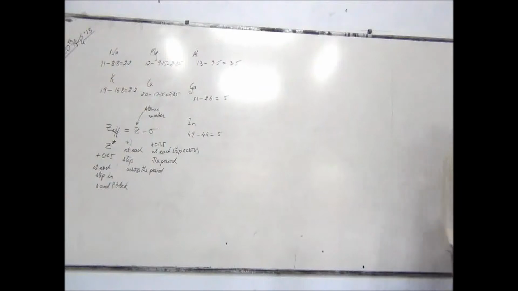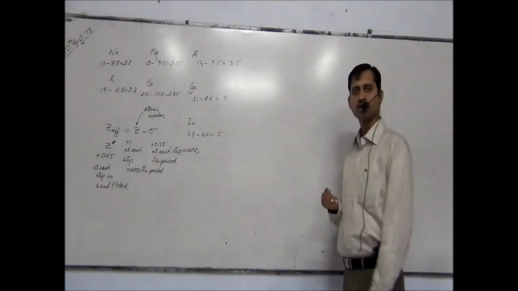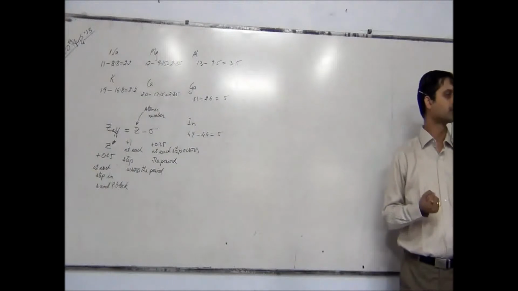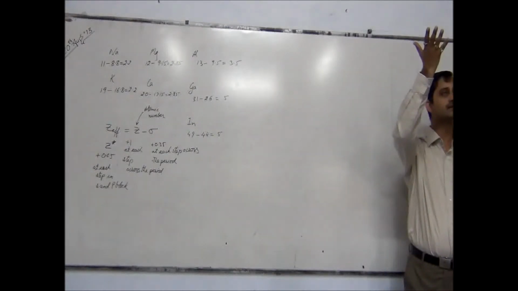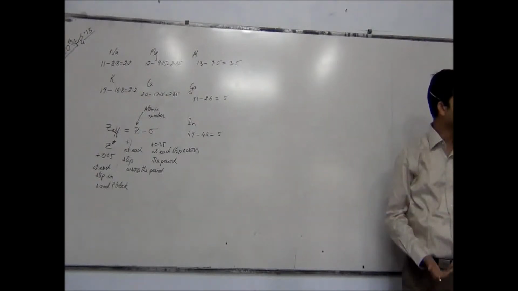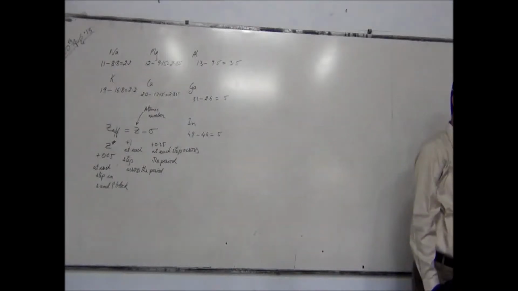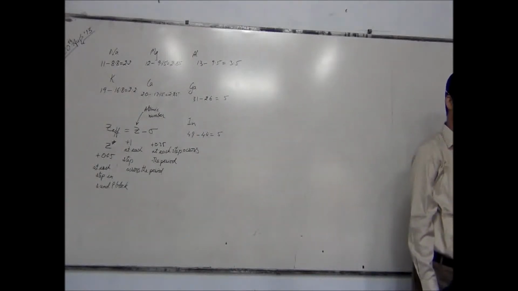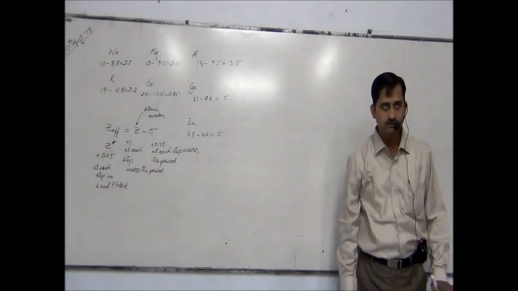Now, isn't it very obvious that as the hold of the nucleus on the electron increases, the energy required to remove the electron from the outermost shell is also going to increase? And so, ionization energy also increases across the period. Is that clear? Any problems?